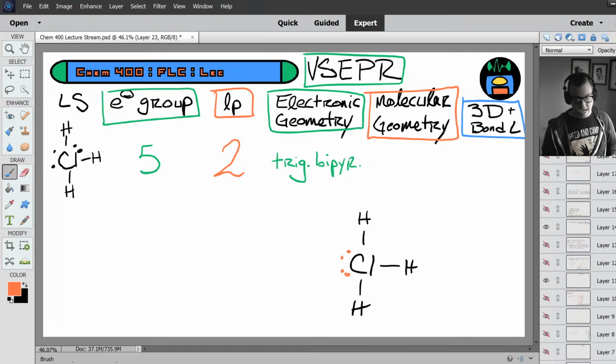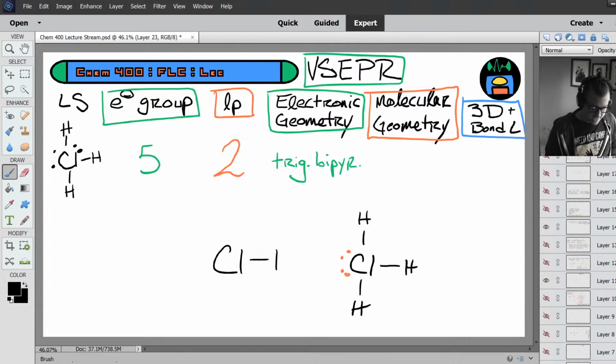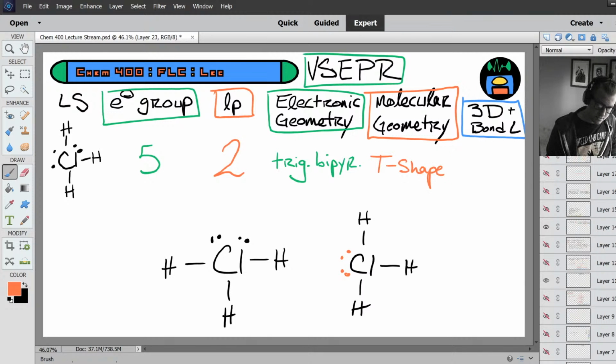All right, and if you look at this molecule, this one's a little easier to see. And again, I'm going to turn it on its side. But you'll notice that if you do turn it on its side, it makes the shape of a T, and the molecular geometry was named after that. This is called a T-shaped geometry.